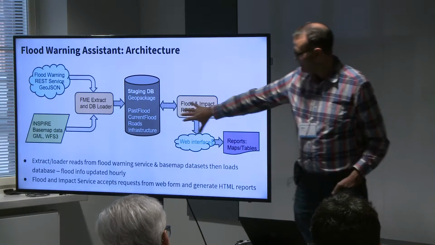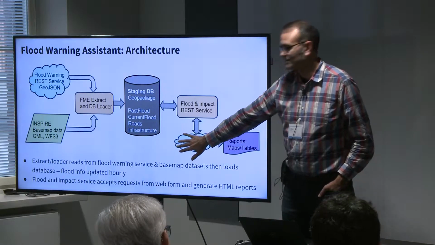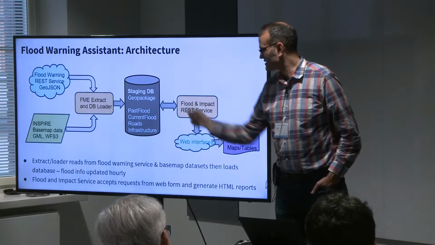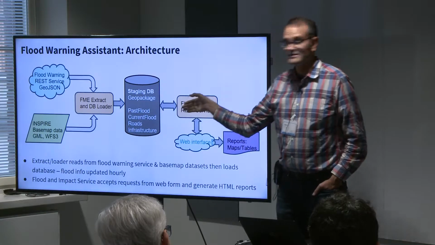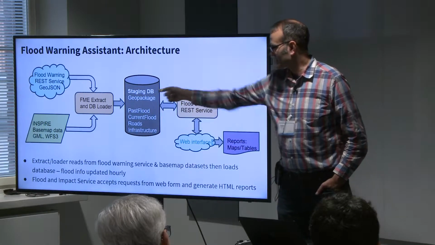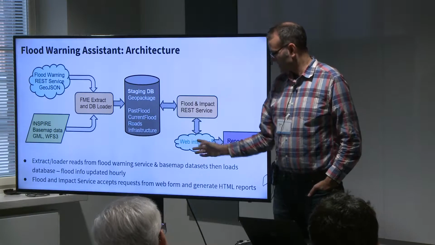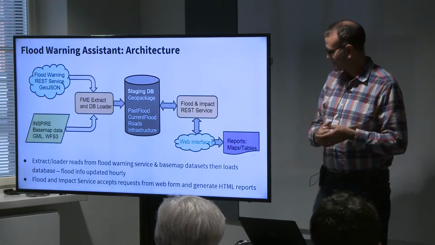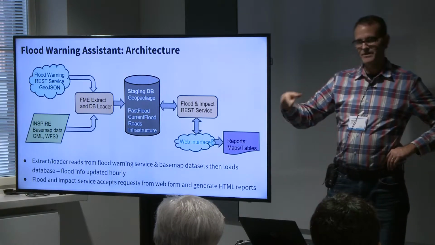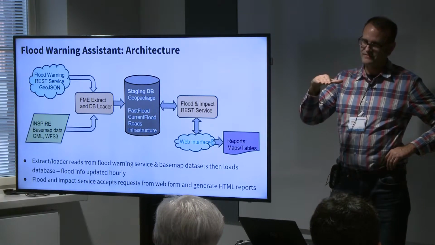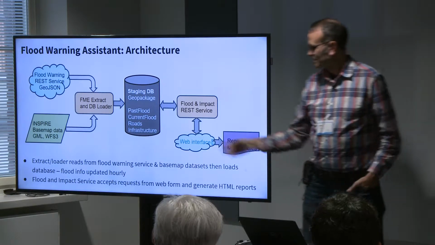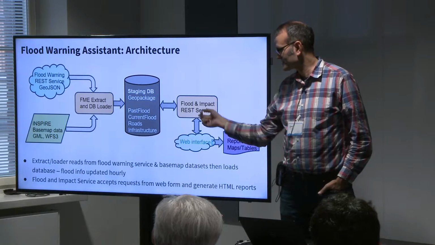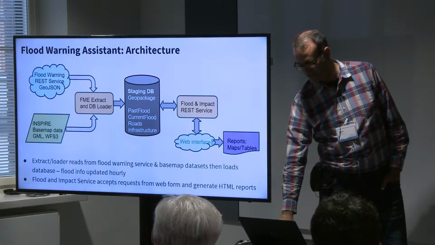And then on the client side, if you think of this as your web client, that's just a JavaScript web client. It interacts using a REST service that's based on FME Server. It interacts with the database, and based on the user parameters, they can choose to inspect current floods of different severity or historic floods, or if they want to, once they find some floods in an area of interest, they can see what the potential impacts of those floods are.